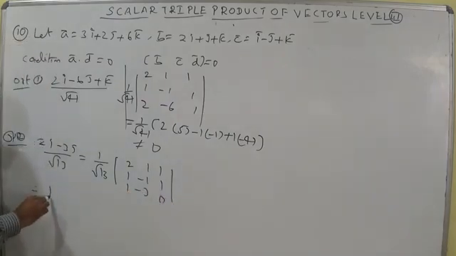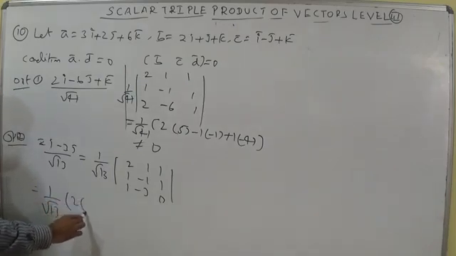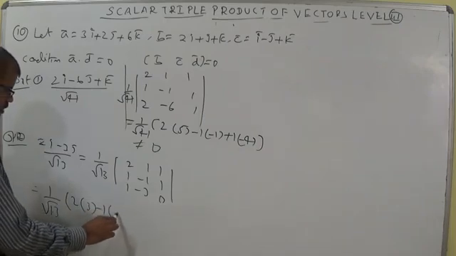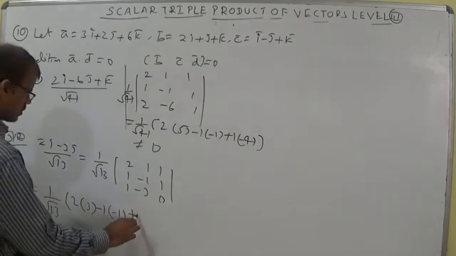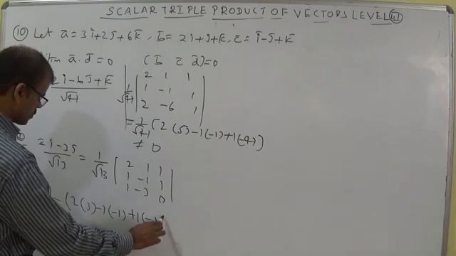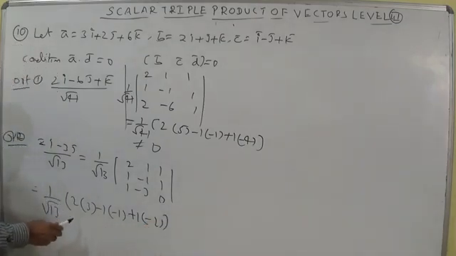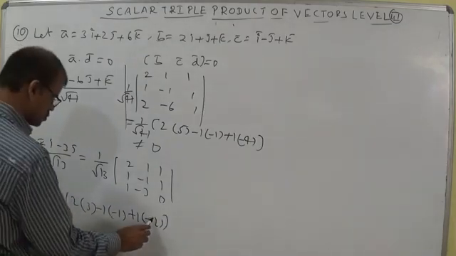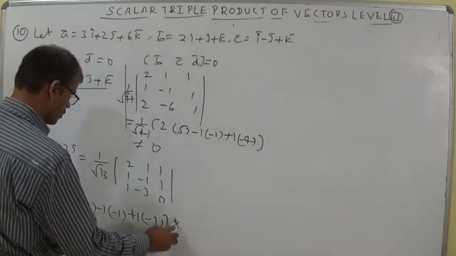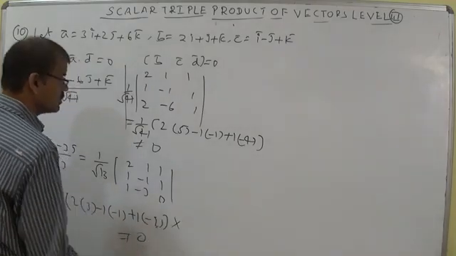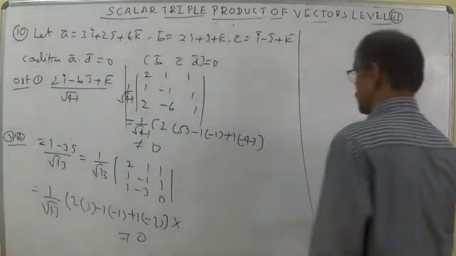That is equal to 2 into 0 plus 3, minus 1 into 0 minus 2, plus 1 into minus 3 plus 2. This is 6 plus 2 minus 1, which is not equal to 0. So the second option also does not satisfy.